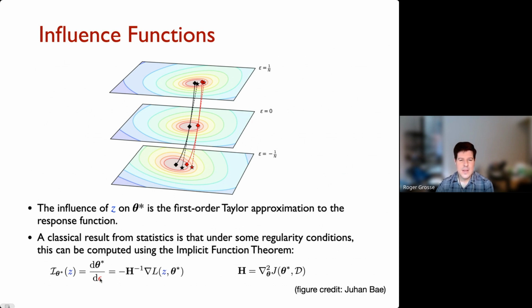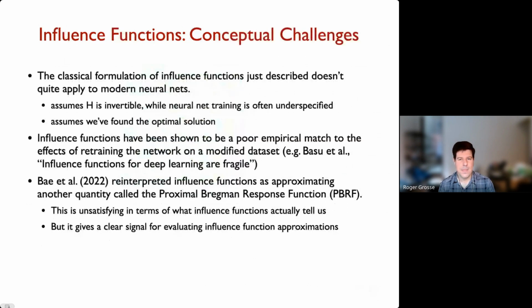This breaks down as the inverse Hessian of the cost function times the loss gradient for that example, with a minus sign out in front. This Hessian is the Hessian of the cost function, the training objective. So the size of this matrix is the number of parameters of the model. All right, so that's the classical formulation of influence functions.